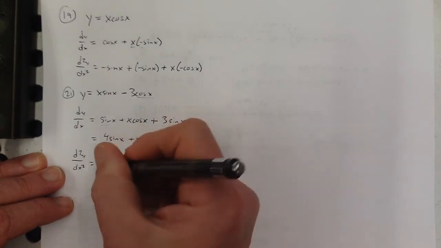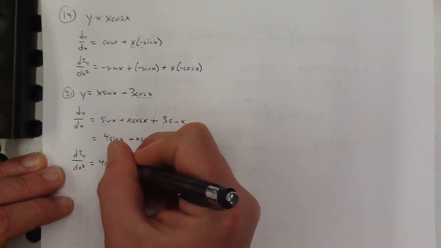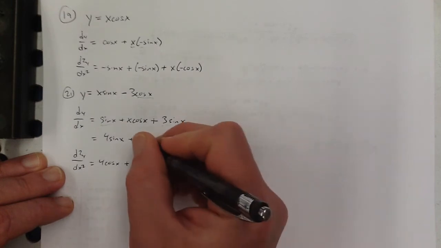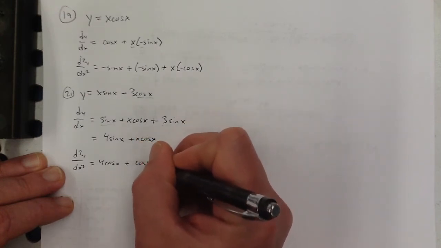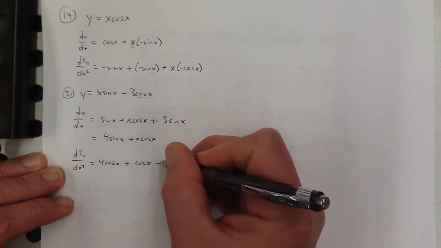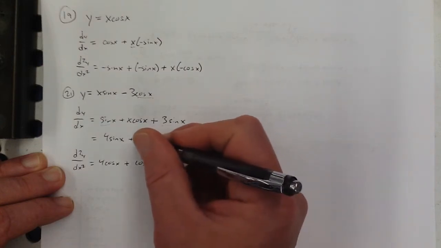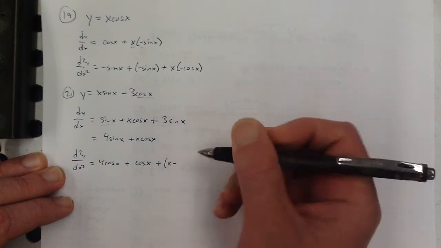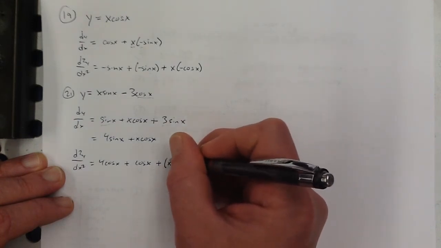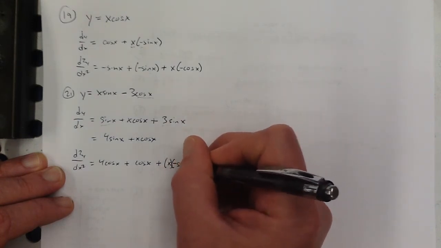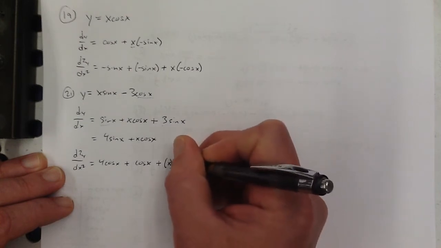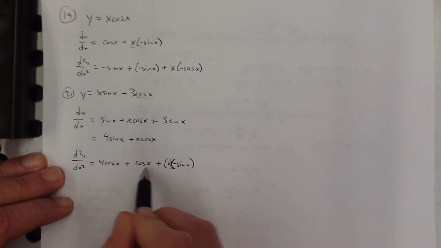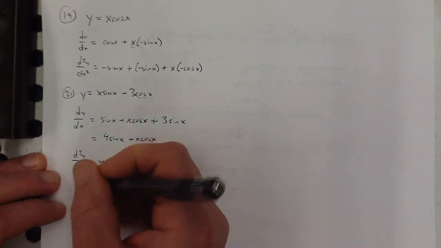Okay, so now I've got derivative of 4 sine x is 4 cosine x plus product rule, derivative of the first times the second plus the first times the derivative of the second, x. Let's see, I don't know why I put that in parentheses, x times minus sine x. Right, so 5 cosine x minus x sine x.